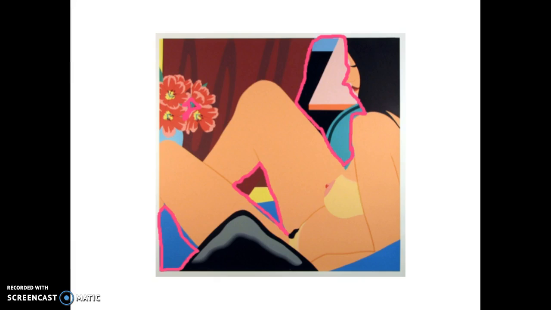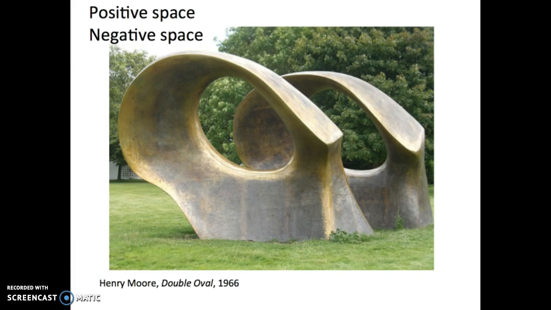In order to help you understand this a little bit better, we can also think about positive space and negative space. For instance, we've got Henry Moore's double oval here. This is a solid piece of sculpture, so this occupies positive three-dimensional space. That means that all of the areas surrounding it, the atmosphere, the air surrounding the sculpture, is negative space.